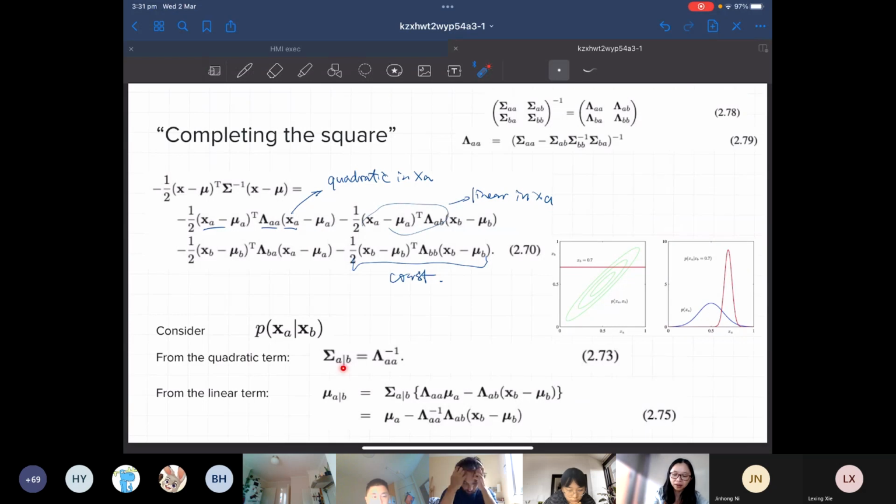Therefore, the covariance matrix of the conditional of the vector xa given b is sigma a. No, so it's lambda a inverse. So the precision matrix of A given B is the precision matrix of A.